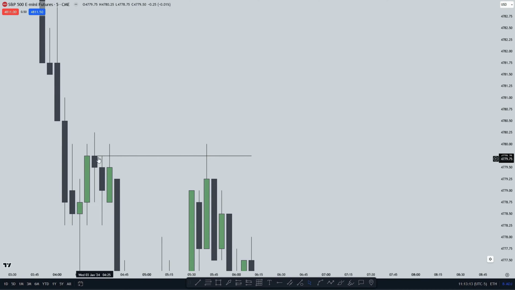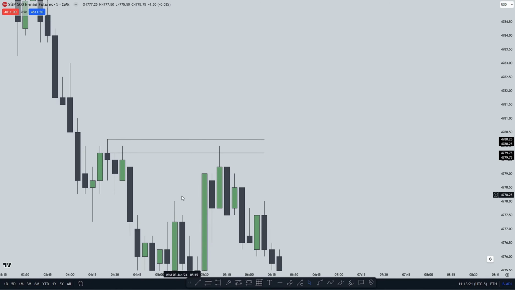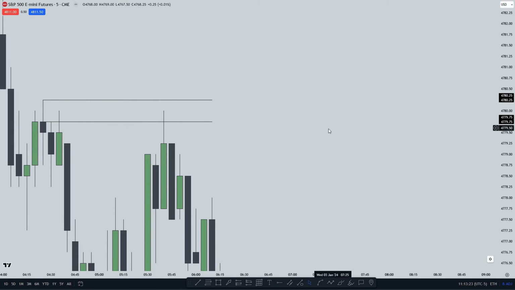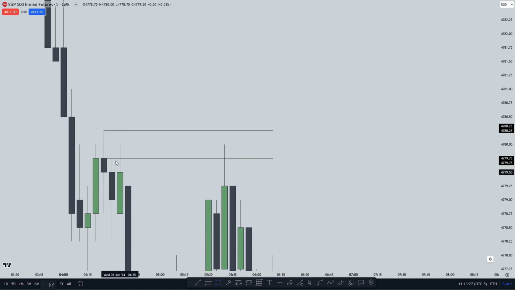In that case, we made a failure swing high, creating a rejection block. And then we see price goes down and then comes up to a rejection block and goes to the consequent encroachment of this range right here and touches the fair value gap.